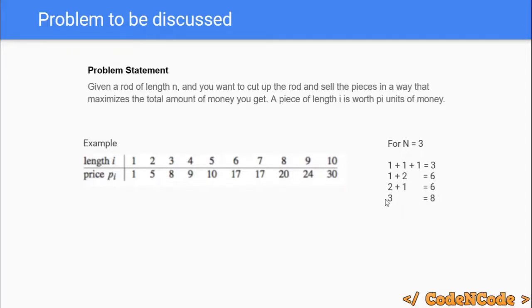Similarly for 2 and 1. And if you sell the whole length 3 rod, it will give you a total of 8 units of money, so the profit would be 8. So the maximum out of all of these configurations is 8. So for input n equals 3, the output should be 8, which indicates the maximum profit that you can achieve. Of course, the reference for this lecture will be the CLRS book.